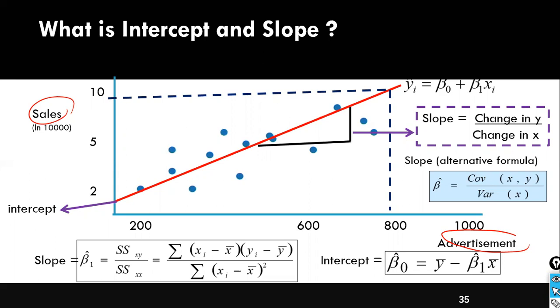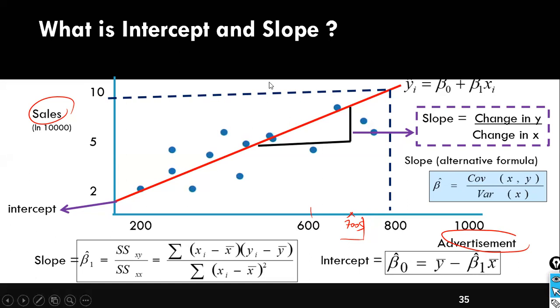Let's say my budget is anywhere between $700 and $800. If I spend $600, what is the expected sales? If I spend $700, what is the estimated sales? Somebody is asking you.